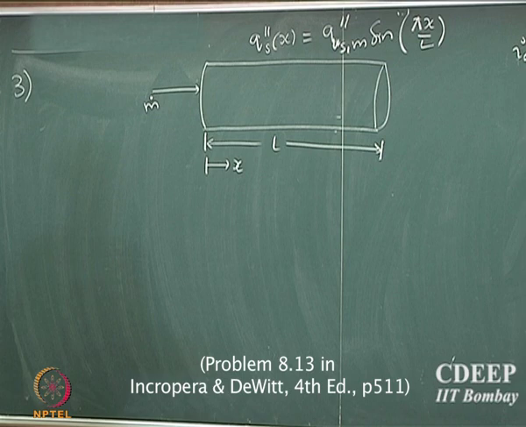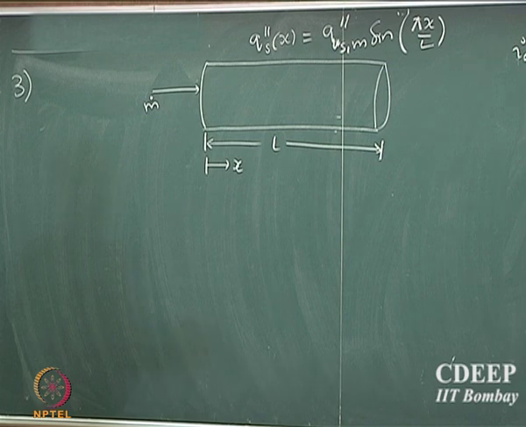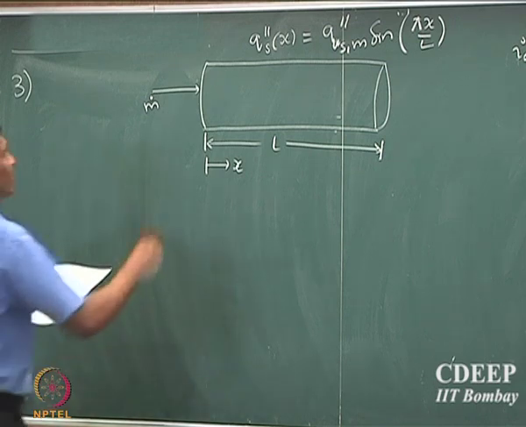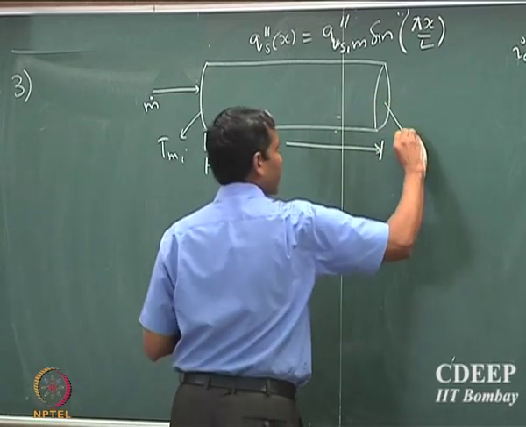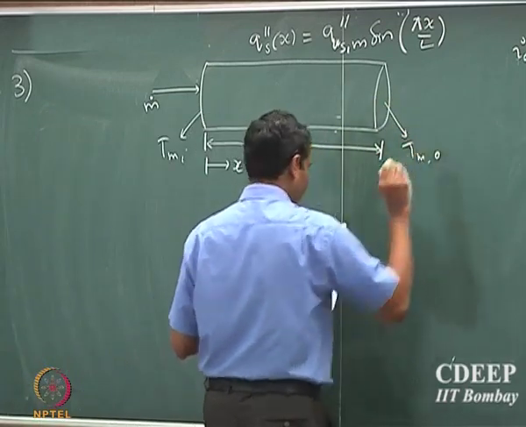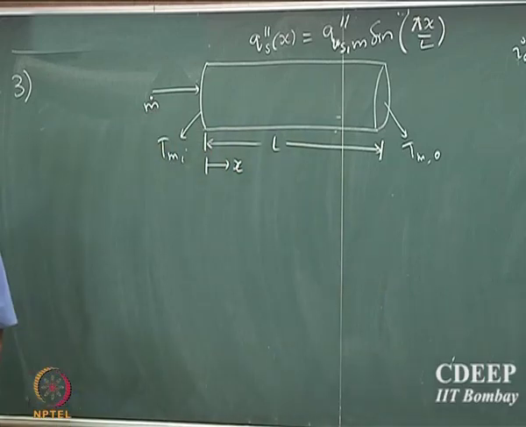So, we say that it's some maxima multiplied by sine pi x by L. So, L is the length of the tube, x is the axial direction, and m dot is the rate at which the mass is flowing through the tube, and Tmi is the mixing cup temperature at the inlet, and Tmo is the mixing cup temperature at the outlet.